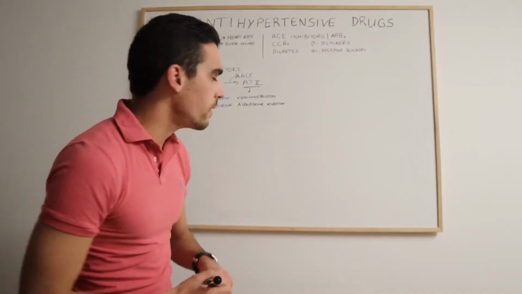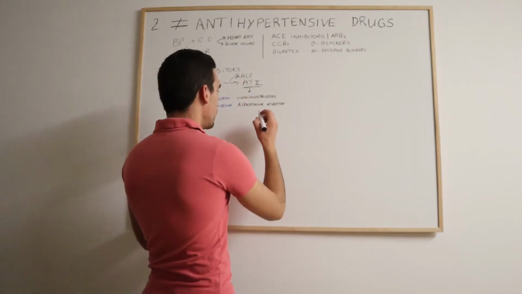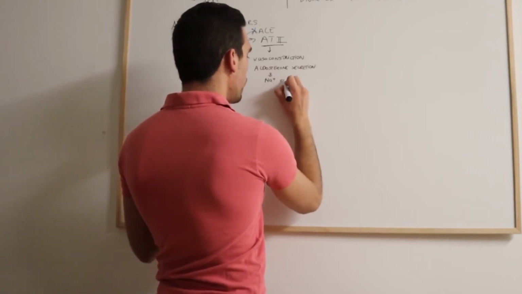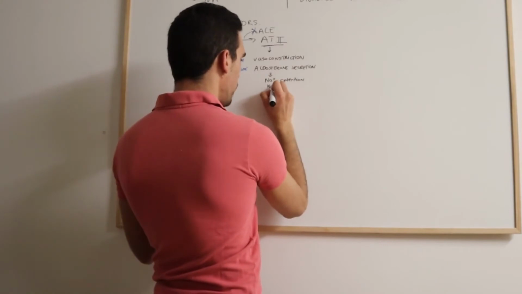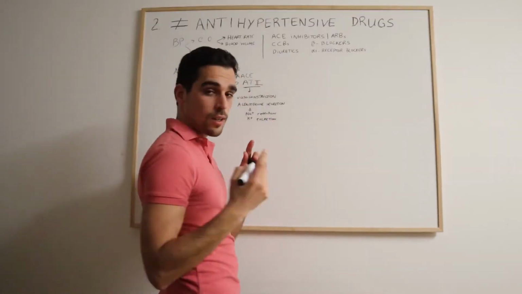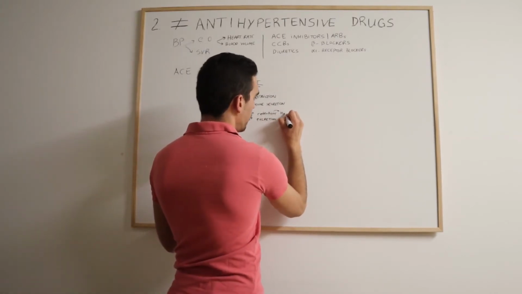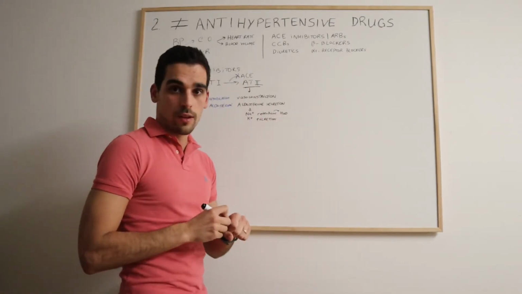Aldosterone is responsible on the kidneys for two main things. It's responsible for sodium retention, and for potassium excretion. When we say sodium retention, we are also talking about water retention, because normally water follows the salts, the sodium and chloride.